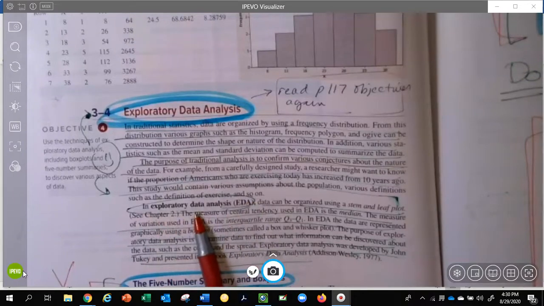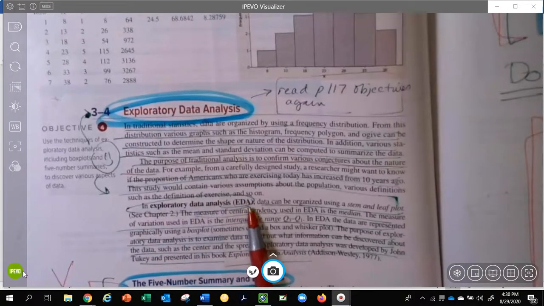In exploratory data analysis, EDA, data can be organized using a stem and leaf plot. That's Chapter 2. The measure of central tendency used in EDA is called the median. The measure of variation used in EDA is called the interquartile range. In EDA, the data are represented graphically using a box plot, sometimes called the box and whisker.